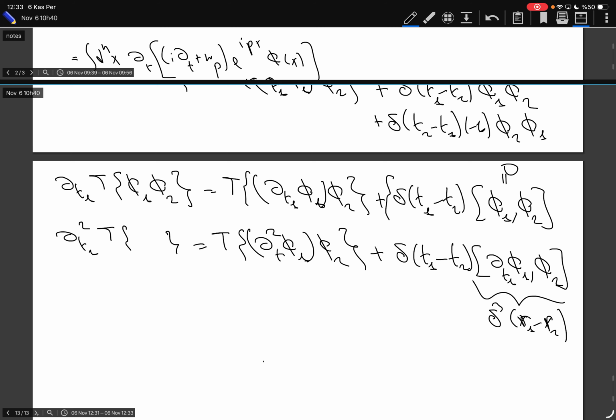But that tells me that my propagator satisfies this equation. When I act on it with the Klein-Gordon operator, I get the four-dimensional Dirac delta, which basically tells me that this is the Green's function.